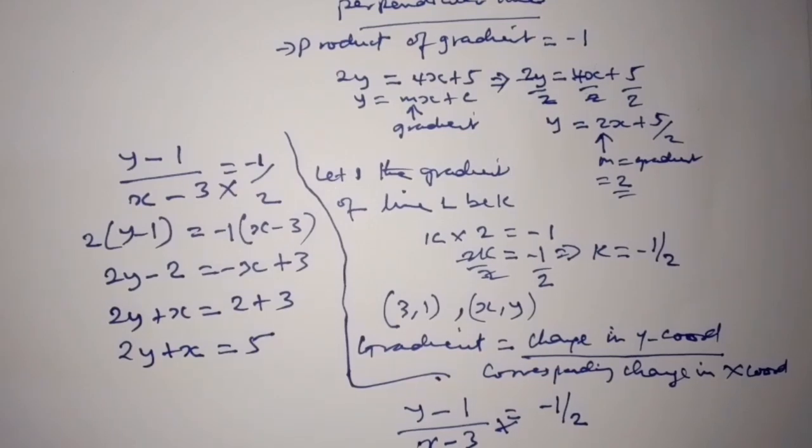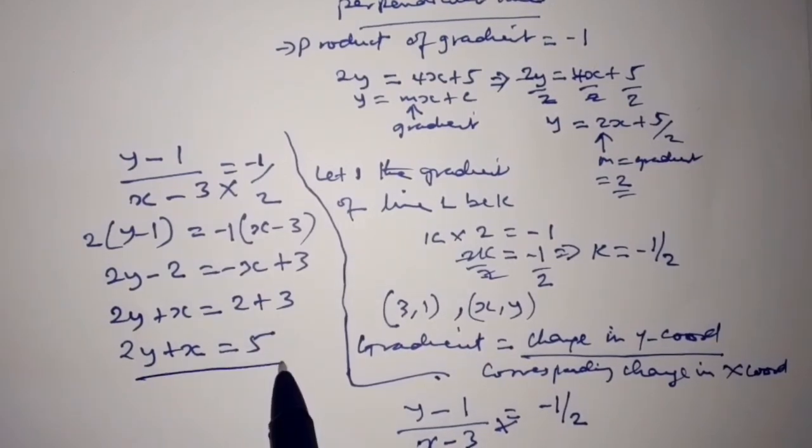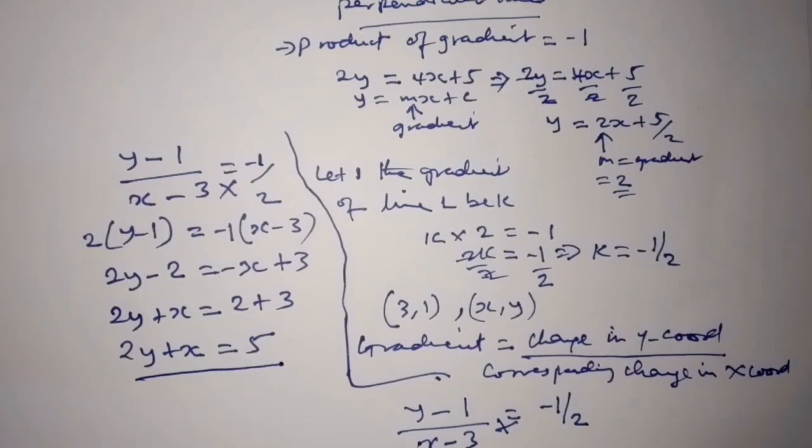So we are asked to determine the equation of line L. Line L is 2y plus x is equal to 5.